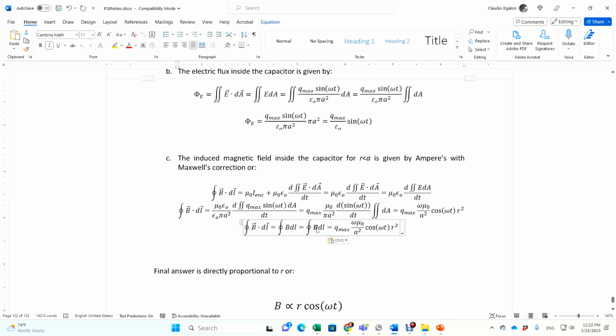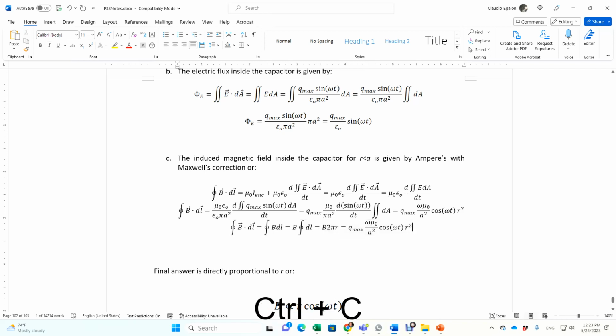The B will have the same magnitude within that circular loop, so it can be taken out of the integral. And finally, the integral of dl is going to be the length of this circular path, the length of the circumference, which is 2 pi r. And the final equation is this one right in here.